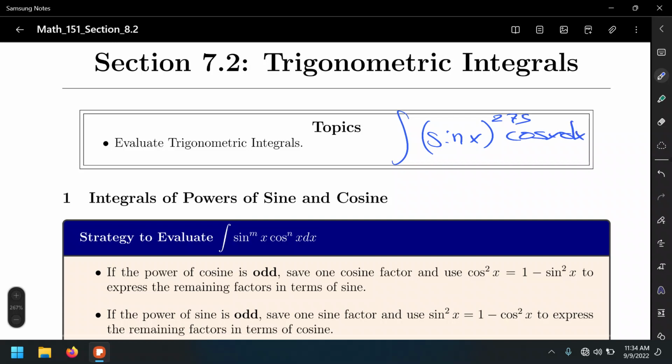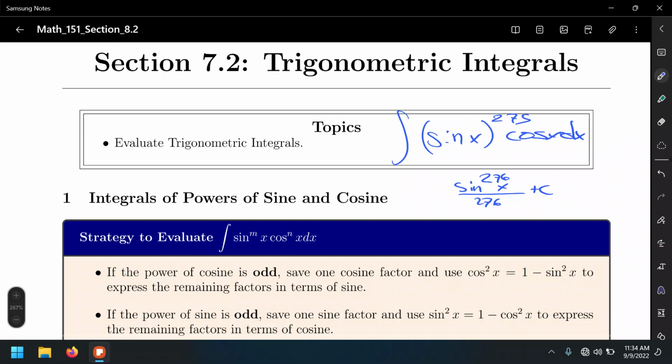Don't let that power scare you, because what do we have? Sine and the cosine outside, which is its derivative. We can simply use the general power rule. That's sine to the 276 over 276 plus c. It's just a general power rule, very simple.